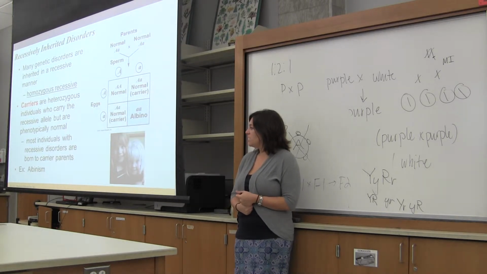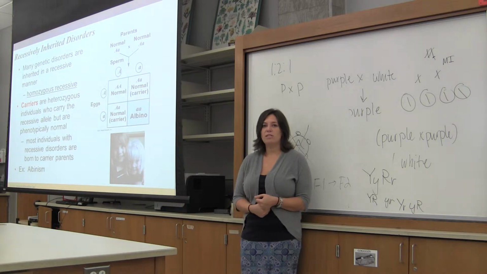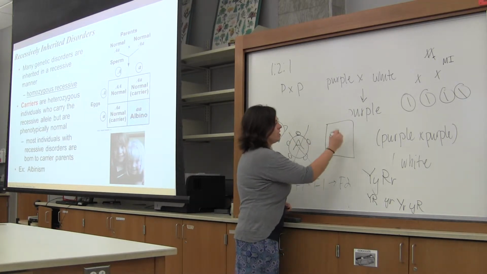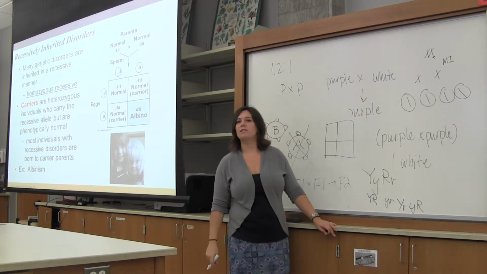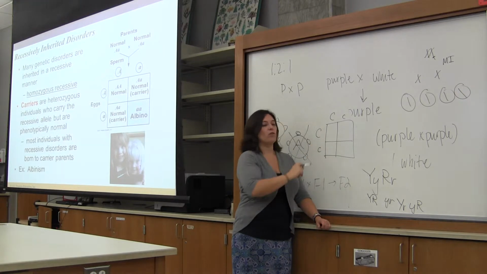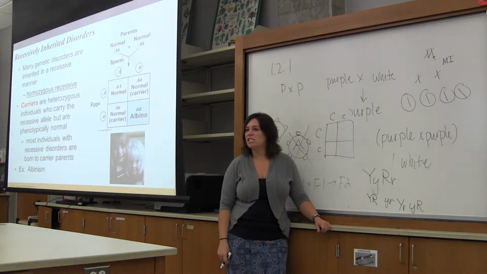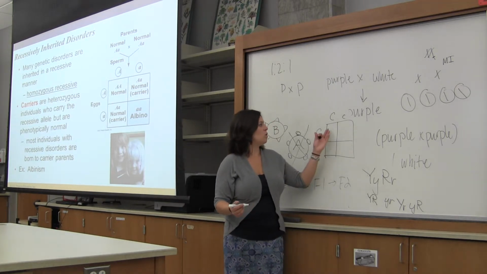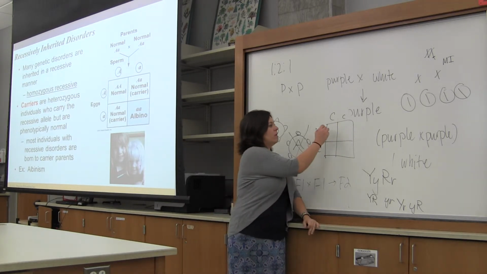And so a lot of these diseases are going to be like that. Cystic fibrosis, same thing. If you set up a Punnett square, let's just say you have 2 parents, and each one is heterozygous for the mutation in the cystic fibrosis gene.